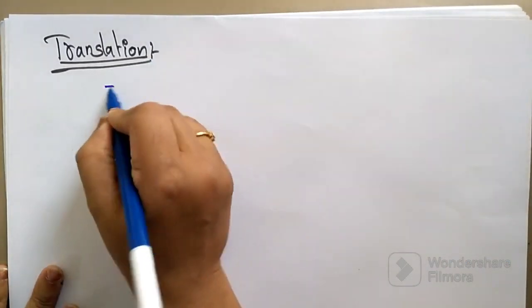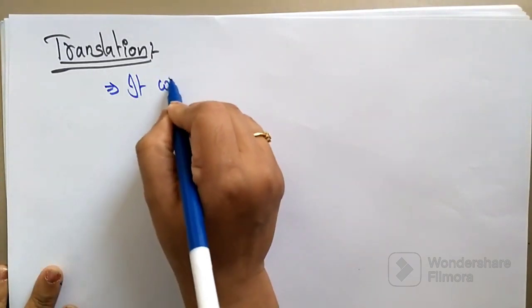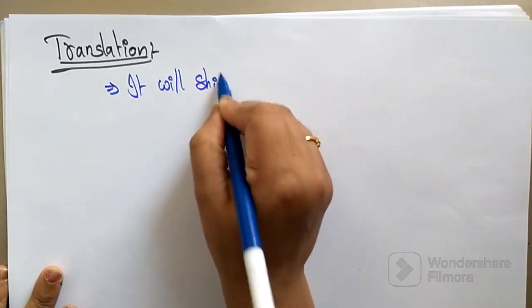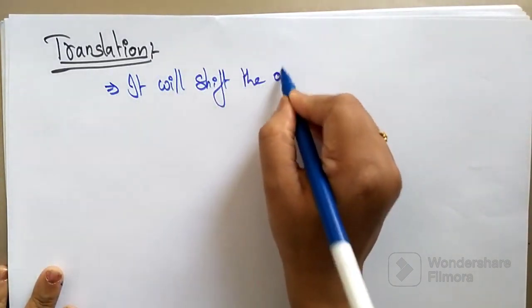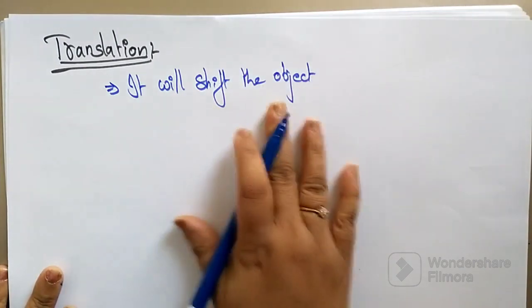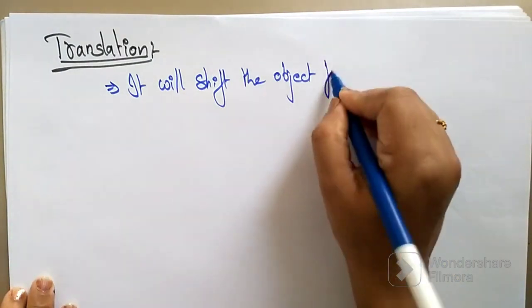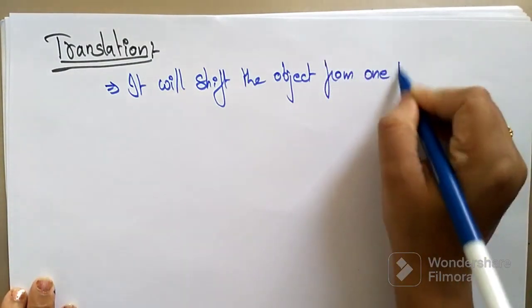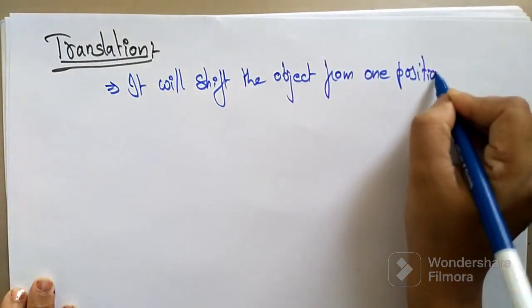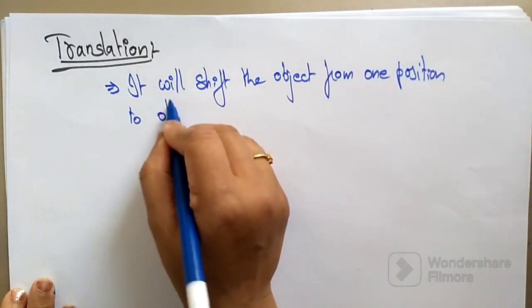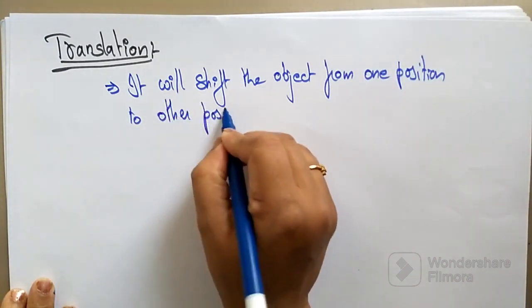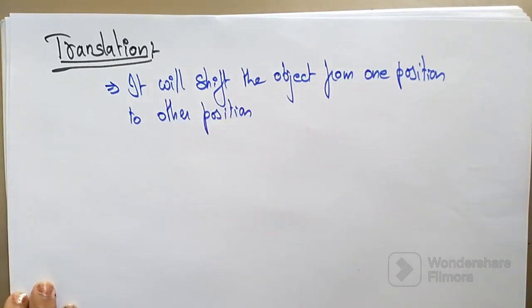So translation is nothing but it will shift the object, whatever object is given. In terms of the x and y axis, it will shift the object from one position to another position with the given translating factors in x or y axis.